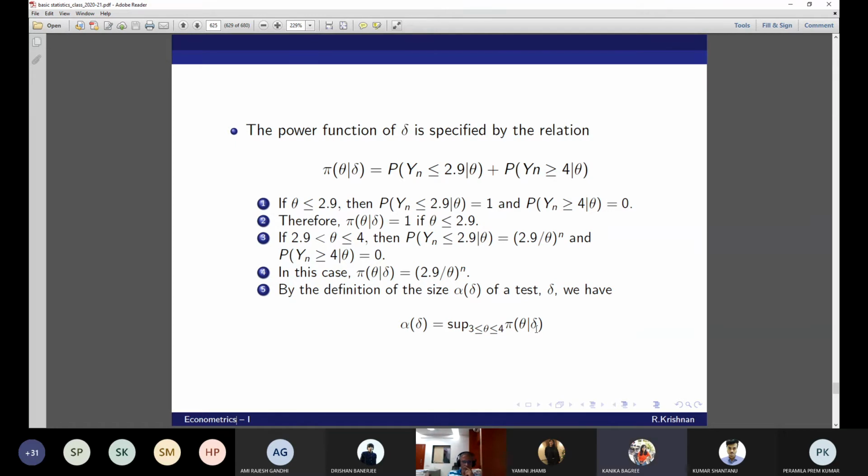Sir, can you explain the last point? The first four are okay? So the third one, can you explain this? It is 2.9 less than theta, less than or equal to 4.